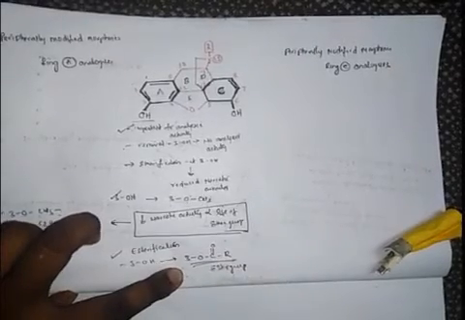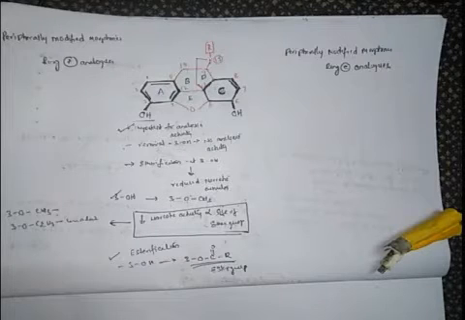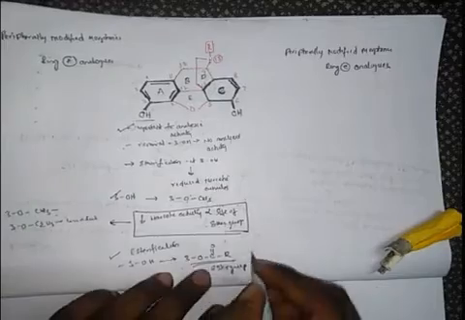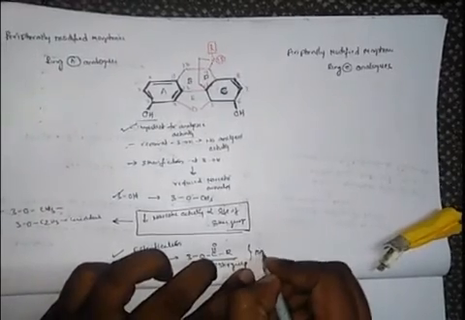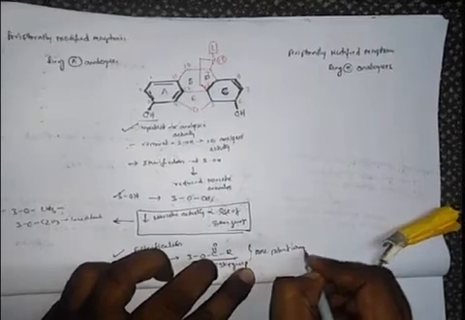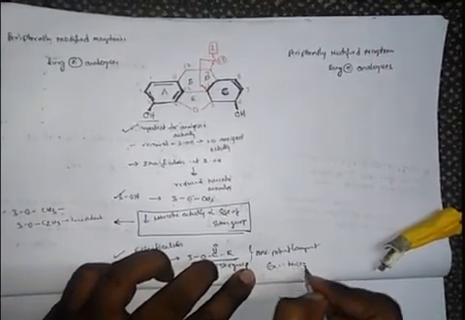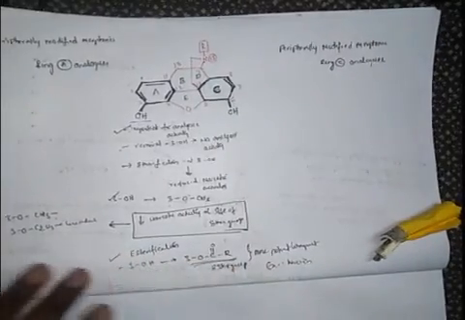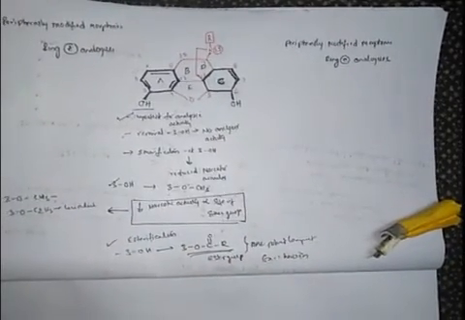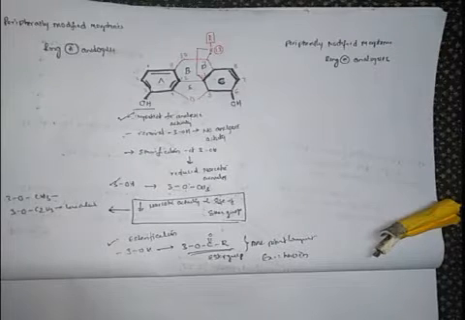This modification gives a more potent compound. An example is heroin. So if you want to do any modification, it's better to go for esterification at the 3-OH group.